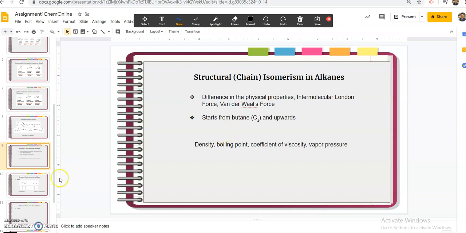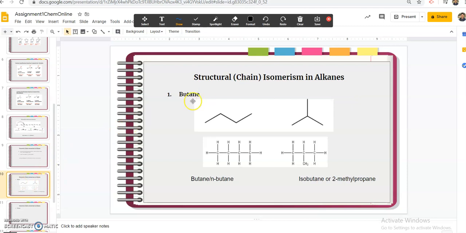Okay, let's get started with butane. This is the butane molecule, line structure, C4, 1, 2, 3, 4, all carbons arranged linearly, and this is called butane or n-butane, n standing for normal, straight.